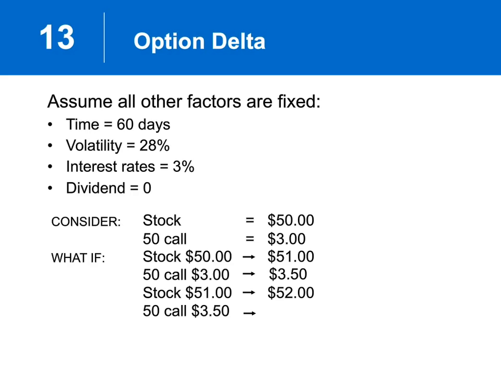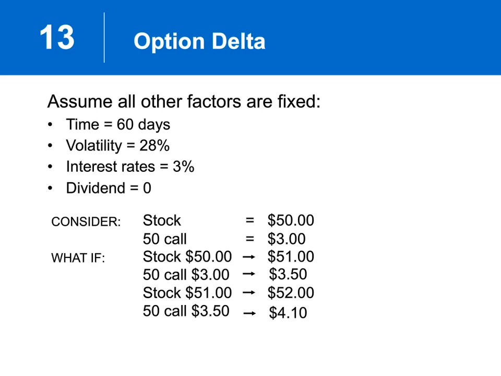So rather than going up by 50 cents with the stock going from 51 to 52, how about if that call goes up maybe by 60 cents. So maybe it had a 60 delta at 51 and a 50 delta at 50. So we get the 50-cent appreciation with the stock going from 50 to 51, and then an appreciation up to $4.10 with the stock going from 51 to 52. That's how delta works.